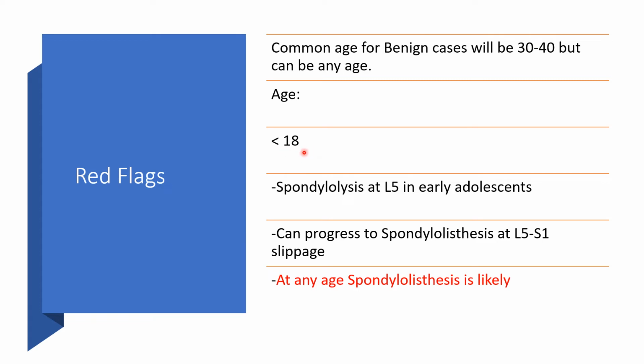Now, someone less than 18 will be thinking of spondylolisthesis at L5 in early adolescence, which can progress to spondylolisthesis at L5, S1 slippage. But spondylolisthesis can occur at any age. So when we see somebody less than 18, we'll be thinking of spondylolisthesis.